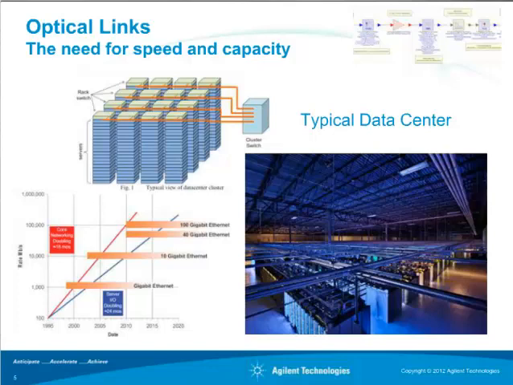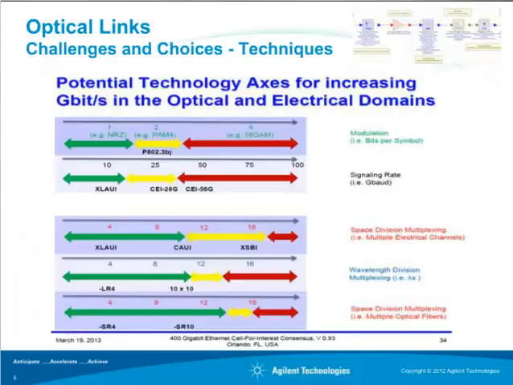So what is the industry doing to address this? Well, we're looking at many different techniques for the physical layer itself, and you can see here a few of the options listed: anything from modulation schemes, increasing the lane signaling rate, using multiplexing with multiple wires, multiple fibers, and even now considering wave division multiplexing in optical fibers.